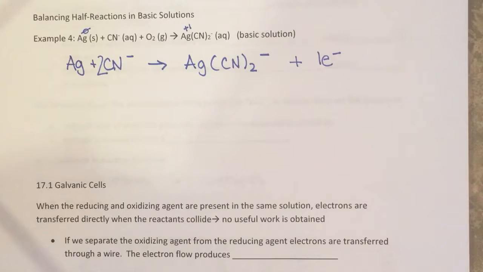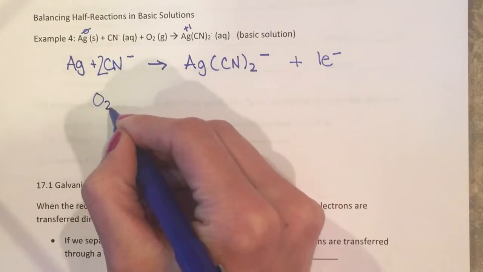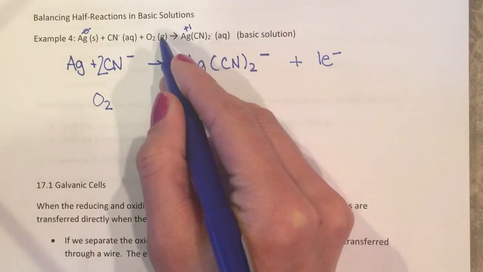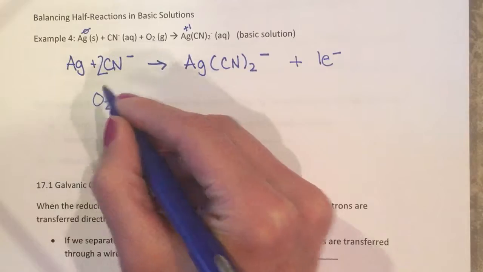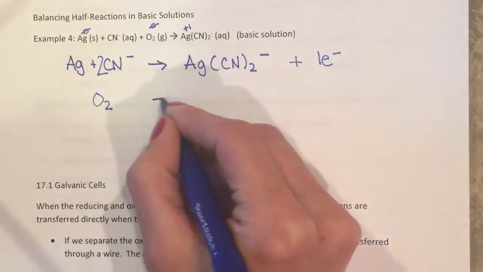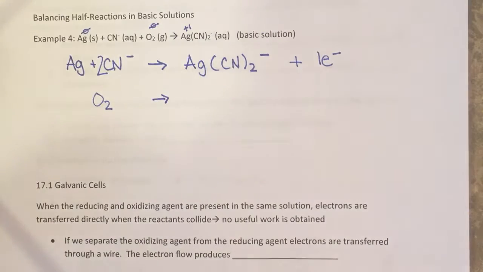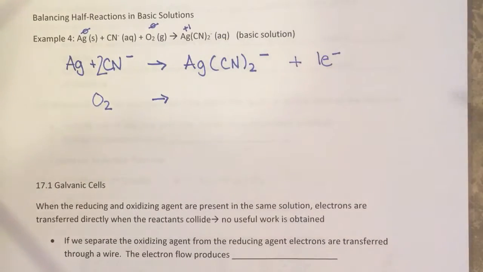Okay? Now, what I'm going to have to do with the O is a little bit trickier. Right now, my O is starting out as a gas. It's an element with elemental form. It has an oxidation number of 0. Well, it's got to turn into something. That something isn't shown over here, so I'm going to have to figure out what's happening to it.